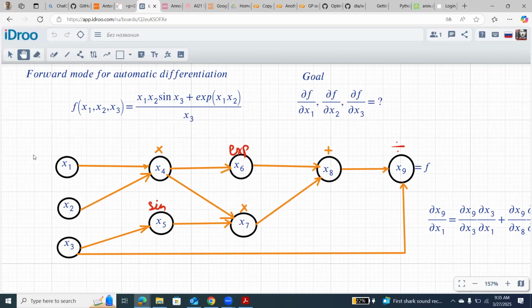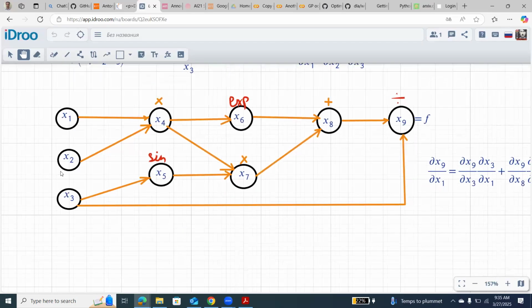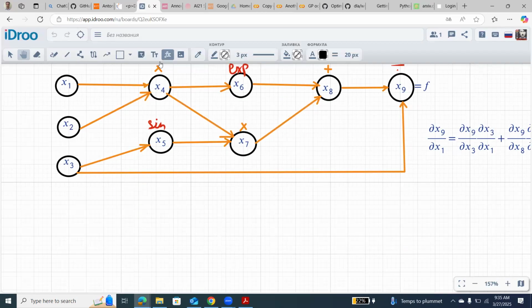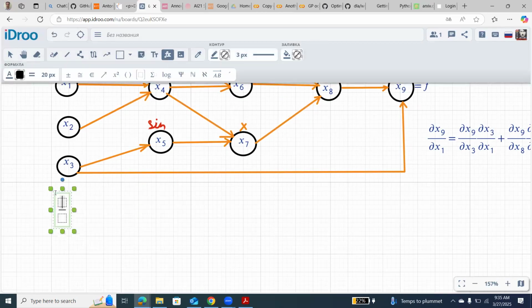And now we want to calculate the derivatives of the last node with respect to inputs. So the first mode is called forward. In forward mode, we calculate, for example, the derivative of the first layer, derivative of x1 with respect to x1.